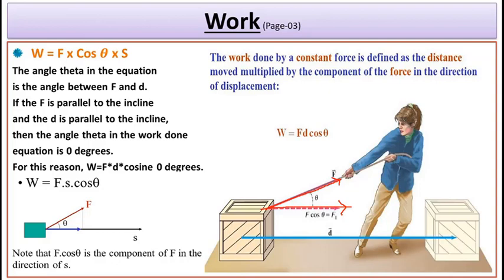Under this kind of situation, we use theta, which refers to the angle between the direction of the force applied and the direction of the displacement. For this kind of situation, we take a component of force. A component of force you can say is the resultant or the effective force on a body.